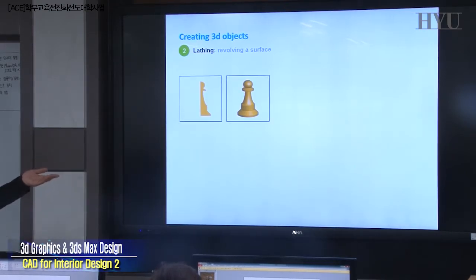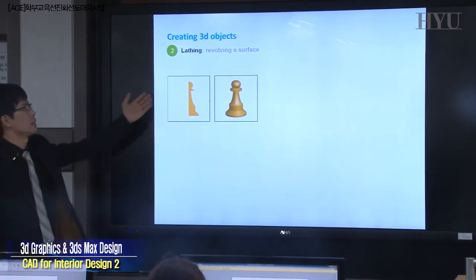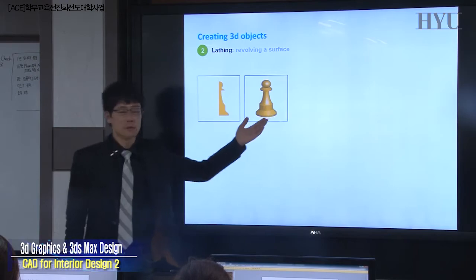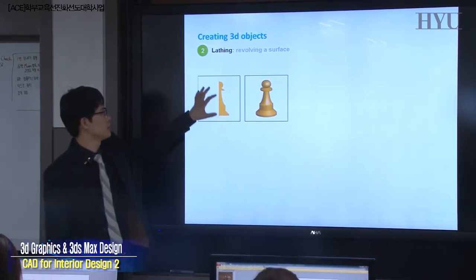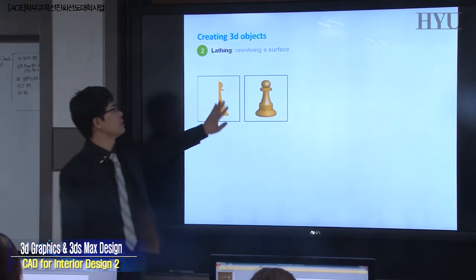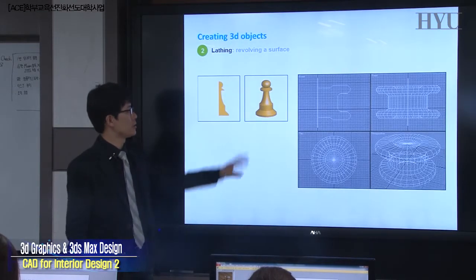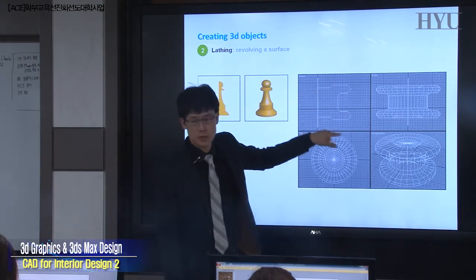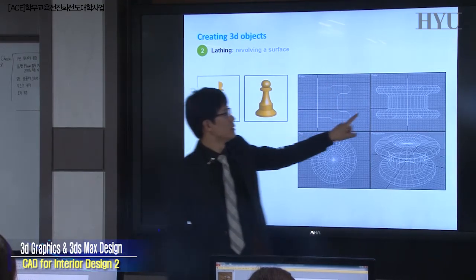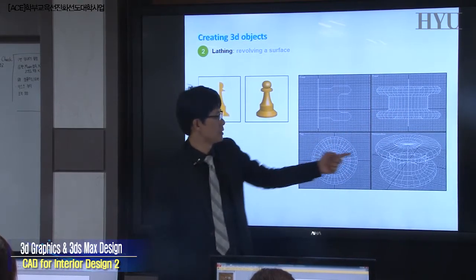What is the second way? Lathing, revolving a surface. You can draw a half surface, something looking like this, and revolve it so that you can create this kind of 3D shape. This is a 2D section profile, revolved to create 3D objects.